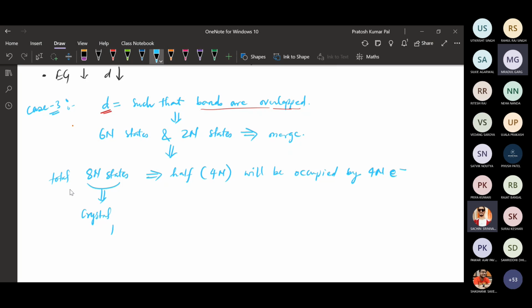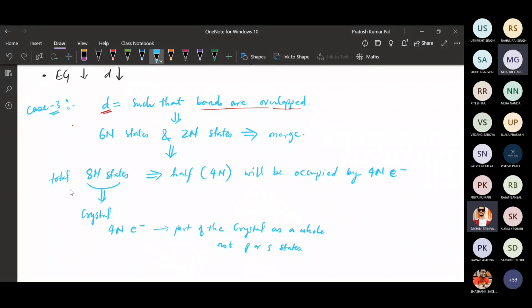Whatever 4n electrons are filled, these 4n electrons will be part of the crystal as a whole, not p or s states.